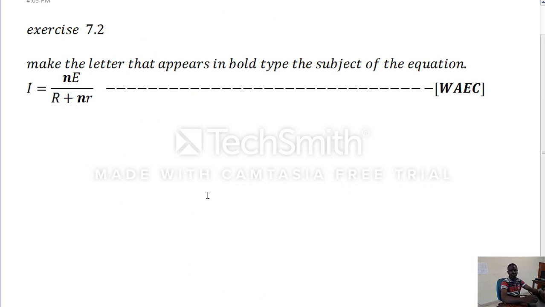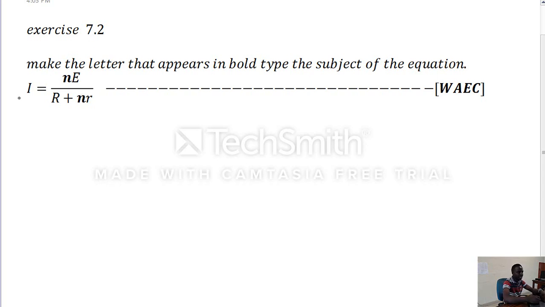And the last equation says we should make n the subject of the formula, of which n is appearing both at the denominator and at the numerator. So what are we going to do? I'm going to first and foremost simplify this expression by removing the brackets. And how do I do that?